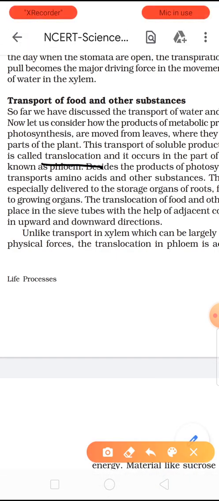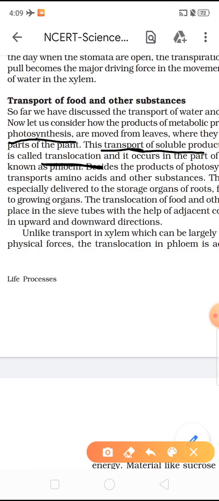Okay, so now what they are talking about? They are talking about translocation. So what is this translocation? It is the transport of soluble products. Okay, and what are these soluble products? They are the products of photosynthesis.